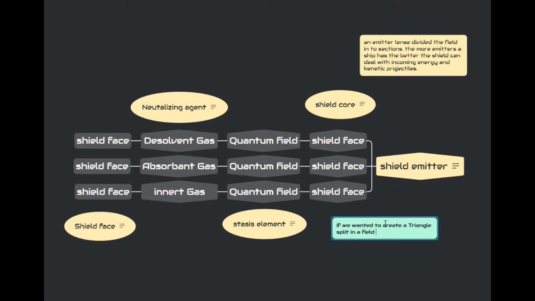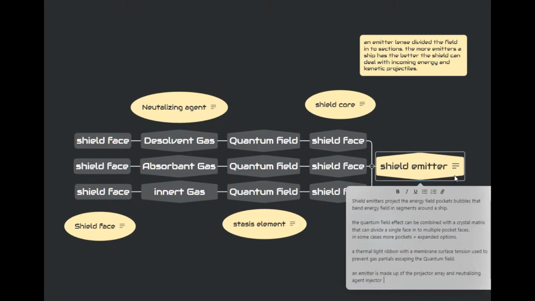The emitter is made up of projector arrays and the neutralization injector.